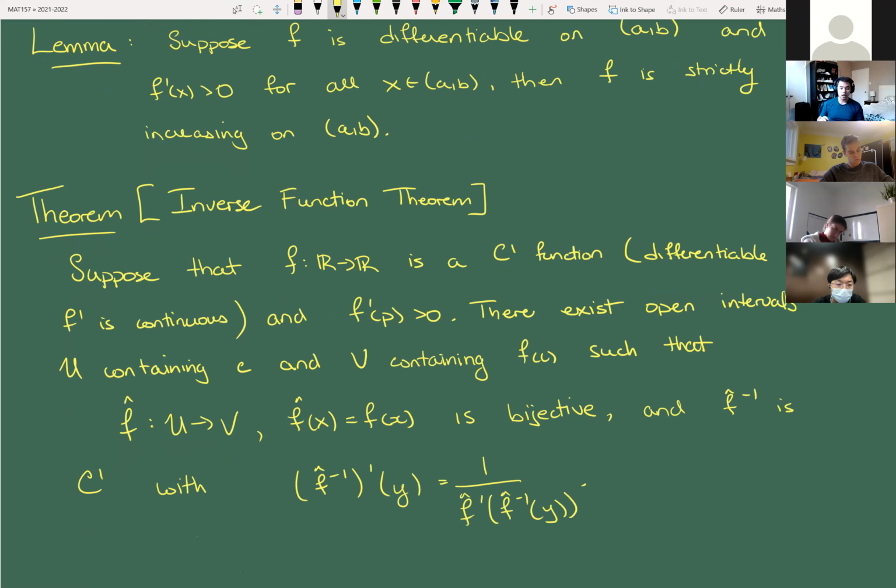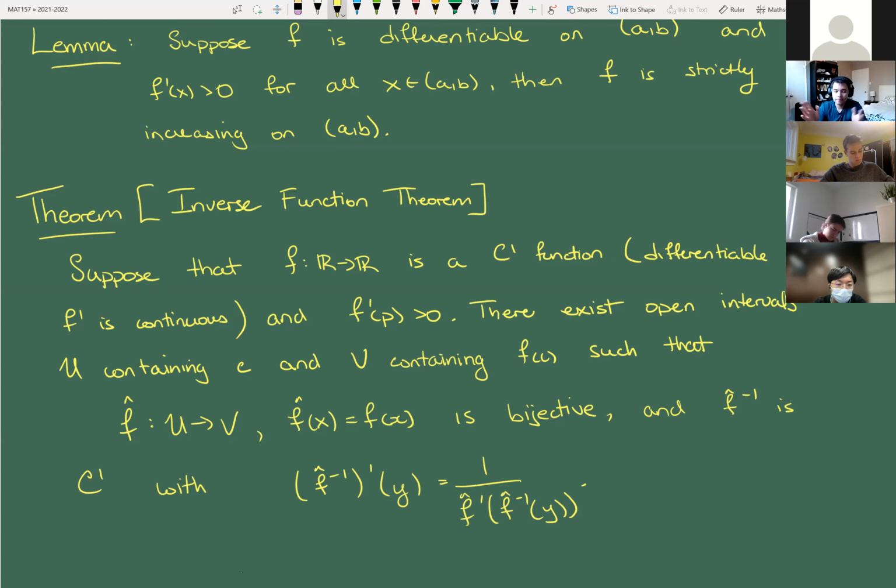Okay, so there's a lot to take in there. The thing that I want to make sure that we're all clear about, though, is what is f hat. f hat is still f, right? It's exactly the function f, except I've restricted it to the interval U. So f is a function from R to R, and it might or might not be bijective and invertible.